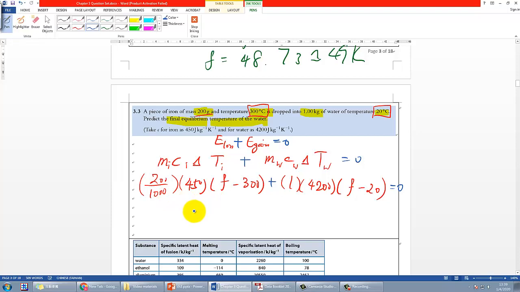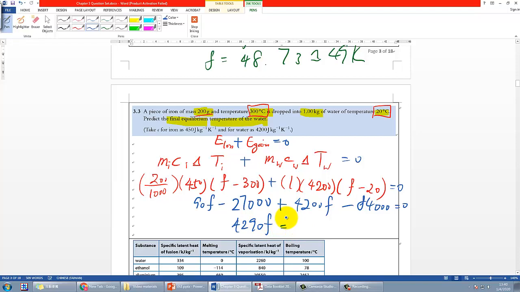So we have 0.2 times (900F minus 27000), and then 4200F minus 84000. Then you just solve the rest, which I can do slowly.